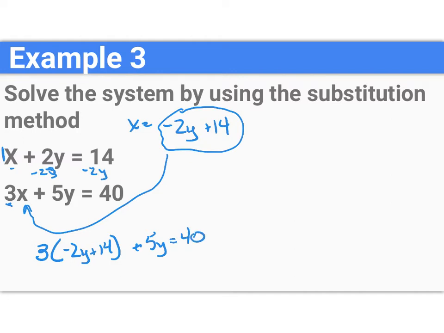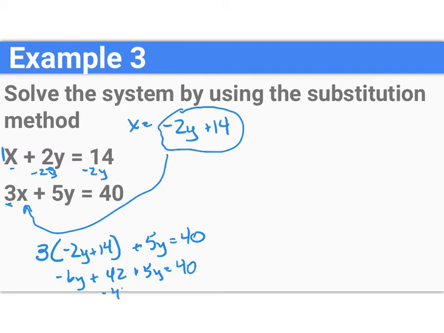Now I have a situation where I only have one variable. I'm only dealing with y's. So let's do the math on this. We get negative 6y plus 42, 3 times 14 is 42, plus 5y equals 40.